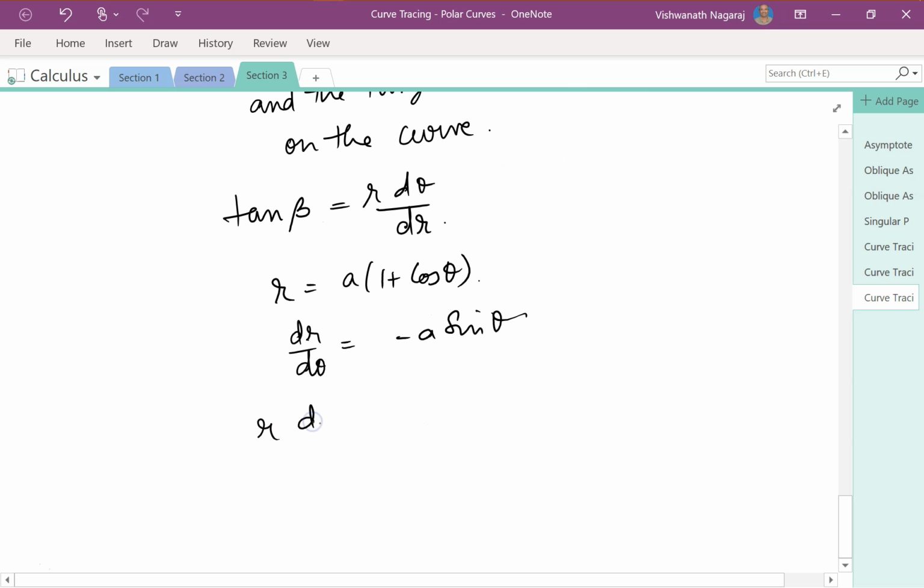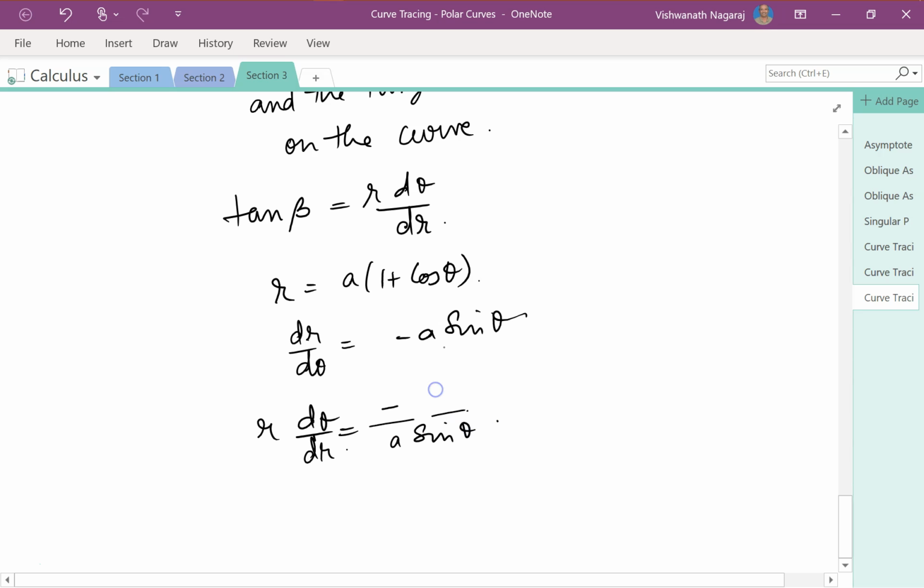So here we are doing two operations in one shot: d theta by dr, we are taking the reciprocal of this and multiplying it by r. So minus r by a sin theta.